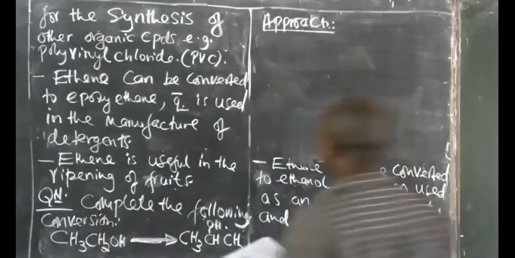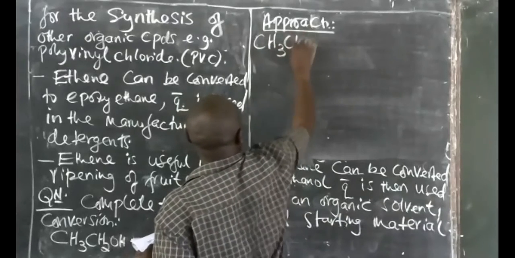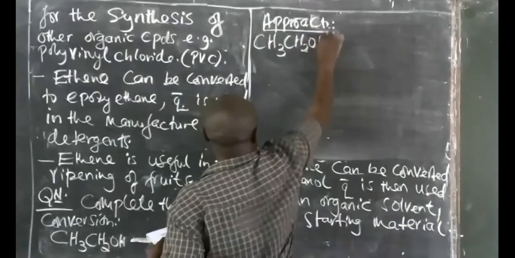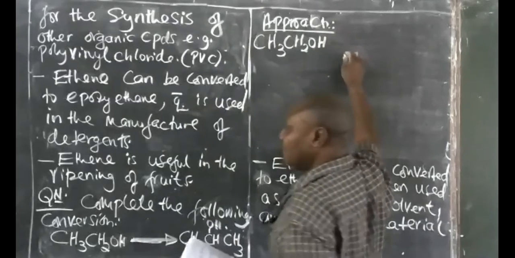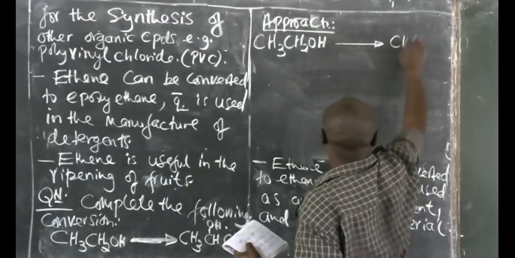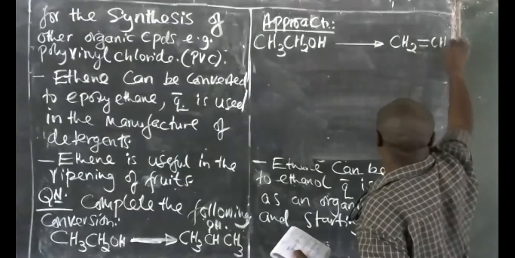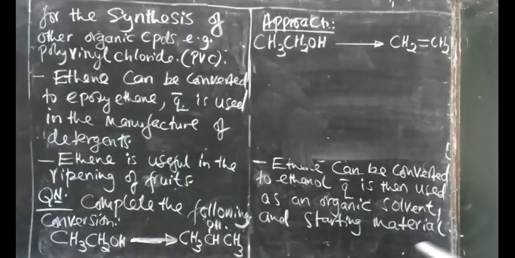Approach, we can, for example, convert ethanol to ethene. Using what conditions?